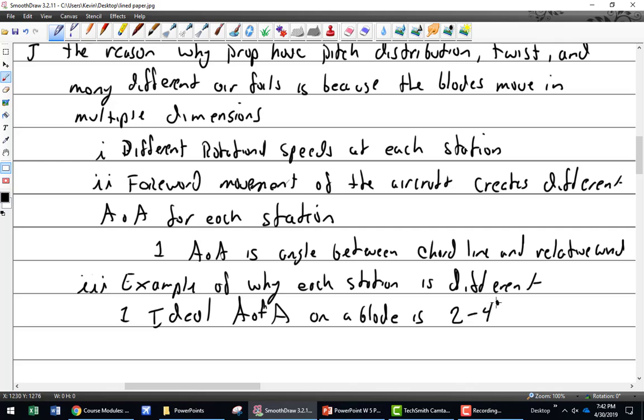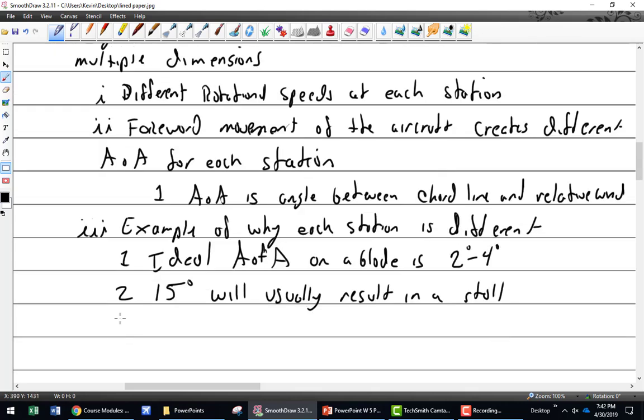Thank you, 2 to 4 degrees. 15 degrees will usually result in a stall. And blade angle is smallest at tip and largest at hub.